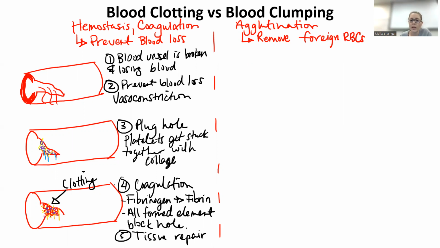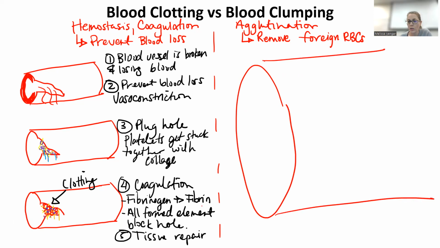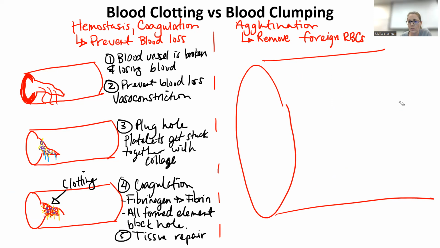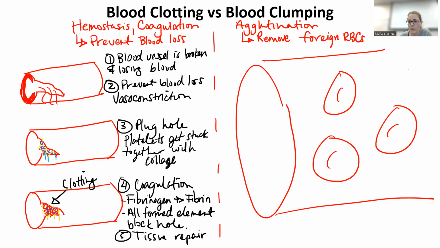So how is this different than clumping or agglutination? Okay, so let's just draw out our blood vessel here. I'm just going to make it bigger. Inside of our blood vessel, we're going to have red blood cells. And I'm going to make those smaller because I'm going to make this a big blood vessel. We have these red blood cells all in here. And remember, they're going to have antigens on their surface.